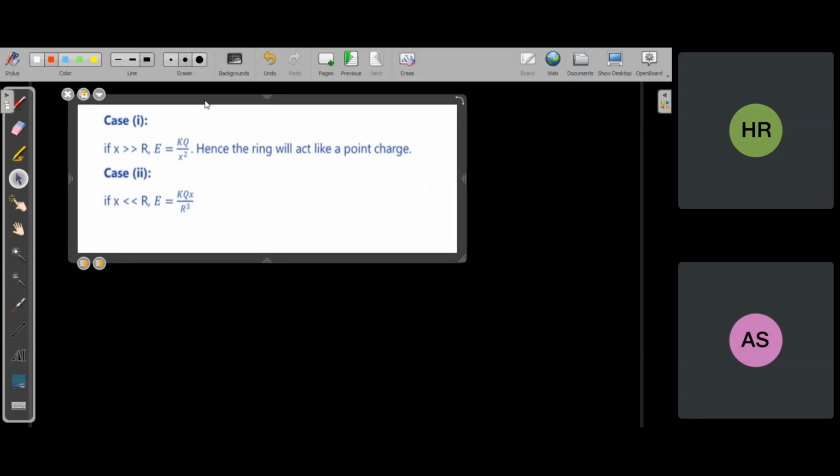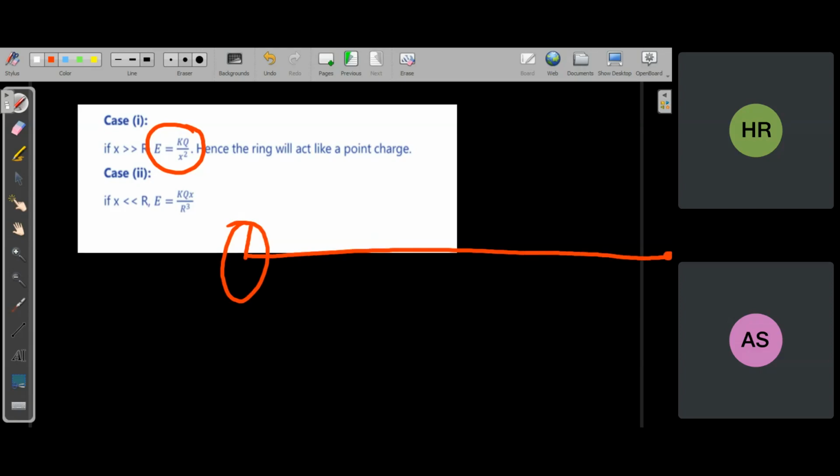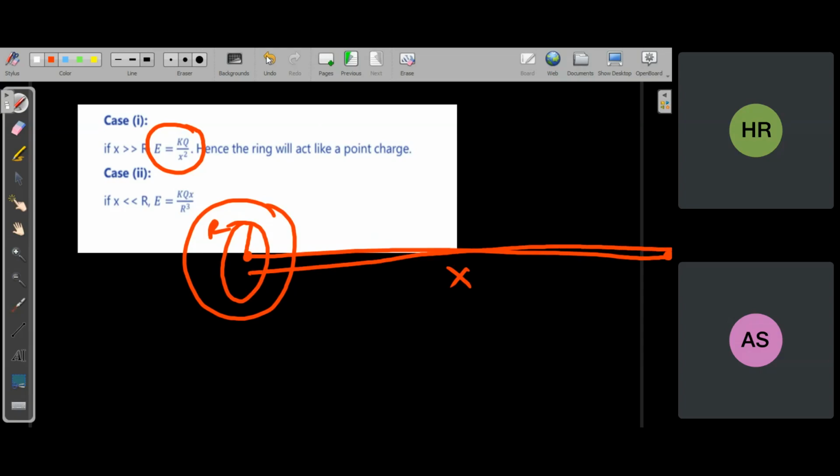If x is very, very large as compared to r, then the whole ring will simply behave like a point charge. Because if there is a ring of some radius and the electric field that you have to find is at a very far away point, this distance x is very, very large as compared to this small radius. So this whole ring you can take just as a particle and directly write down the electric field. Are you getting? Kq by x square.